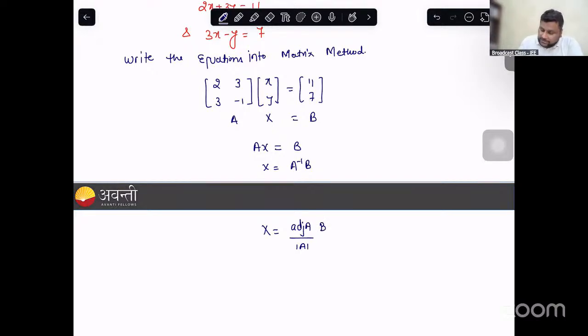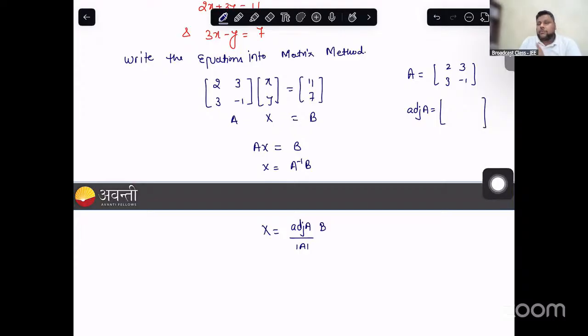Now, if A is [2, 3; 3, -1], then what will be adjoint A? In a 2 by 2 matrix, interchange the diagonal entries, giving minus 1, 2, and change the sign of the other entries. Remember this thing? What is determinant of A? That would be minus 2 minus 9, that is minus 11.